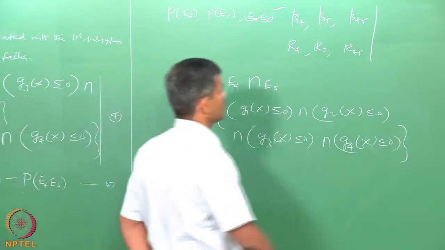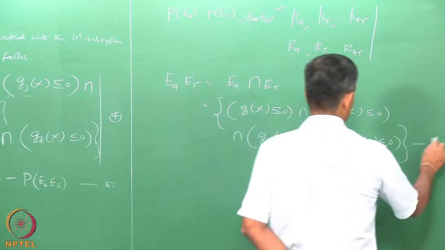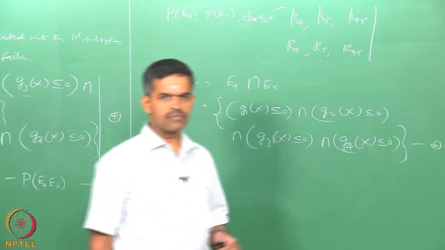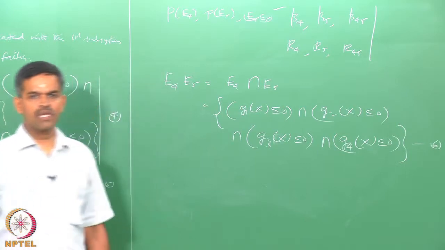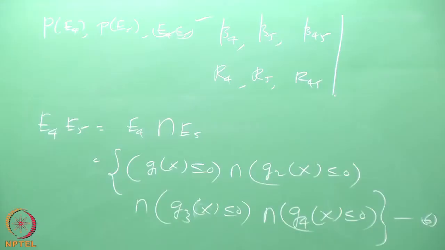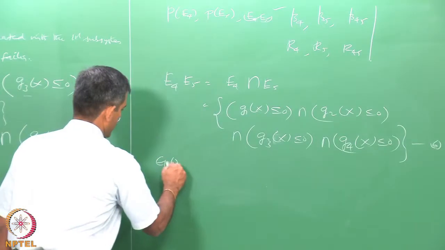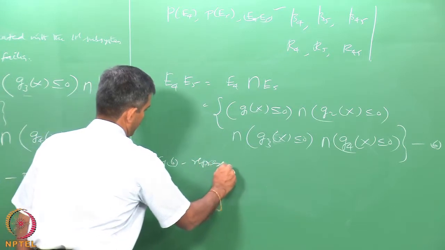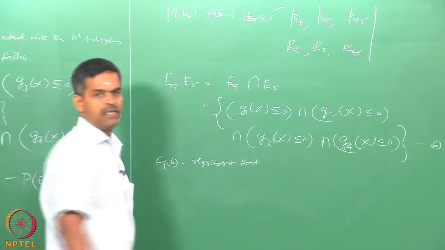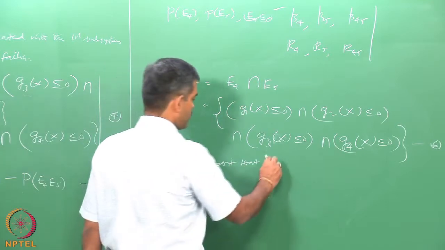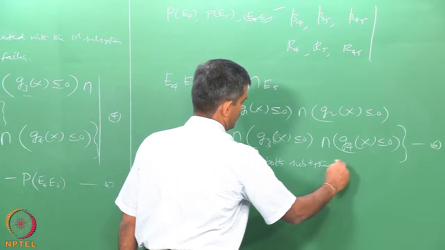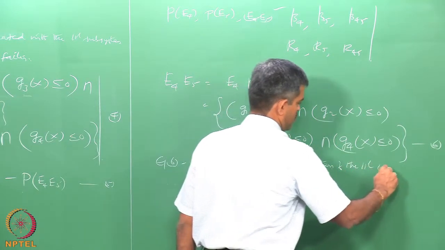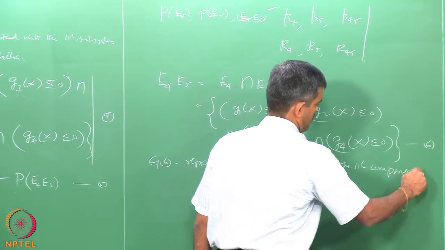Okay. Call this equation number 6. So, equation 6 represents the event that both subsystems of parallel components fail.